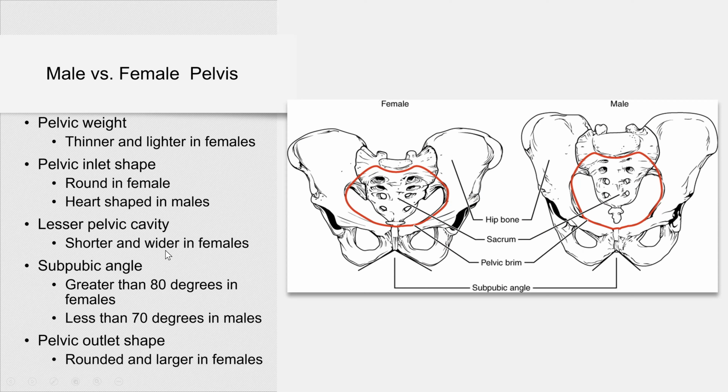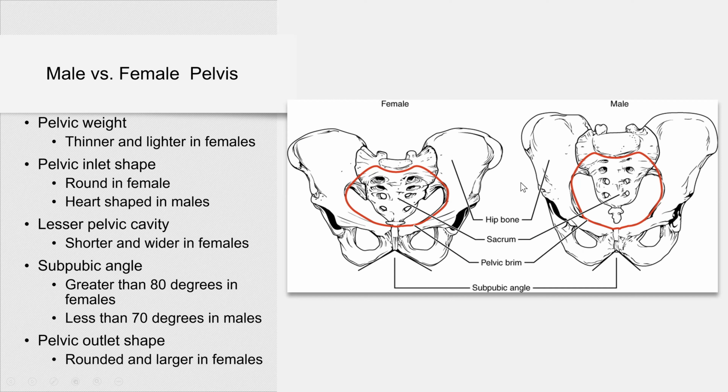So it's shorter and wider in a female. Right. And subpubic angle, so it says 80 degrees, in some books you will read 90 degrees or more in females, and less than 90 degrees, or here is 70 degrees in males, and the pelvic outlet shape is rounded and larger in males.